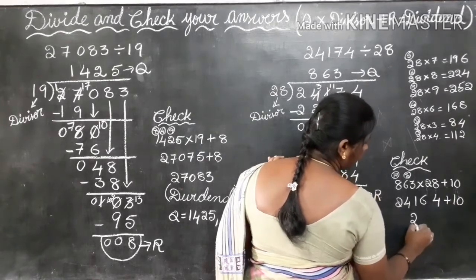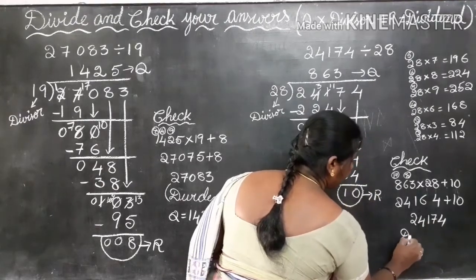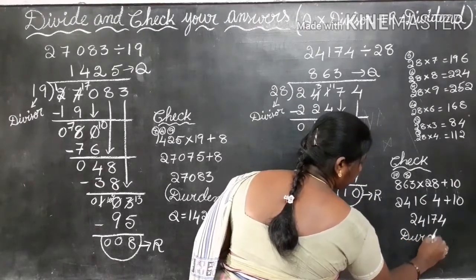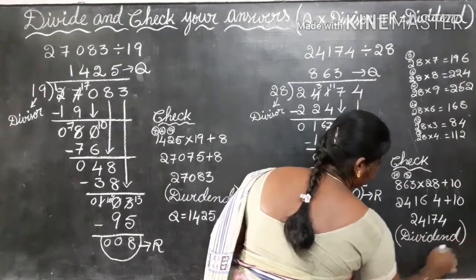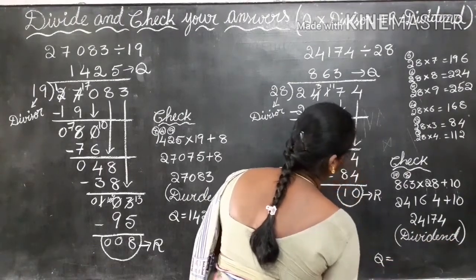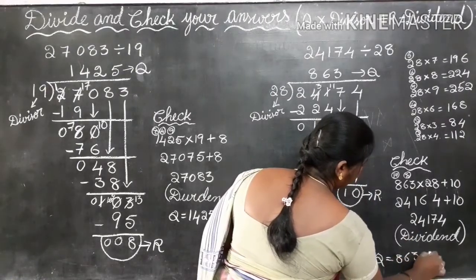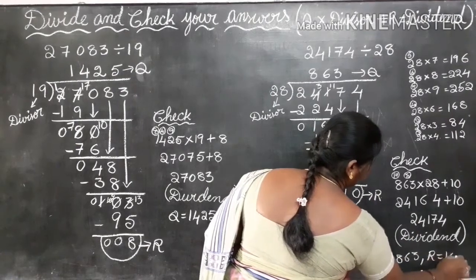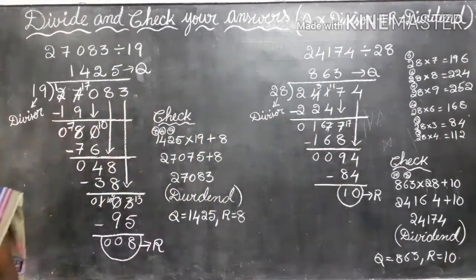So 24,174. It is the dividend. So the quotient is equal to 863, remainder 10.